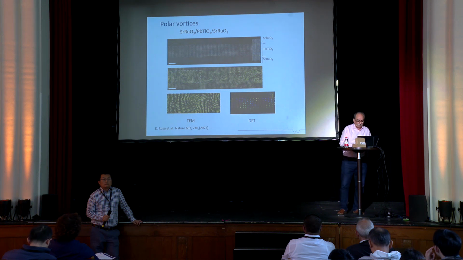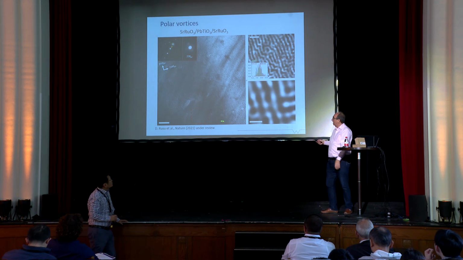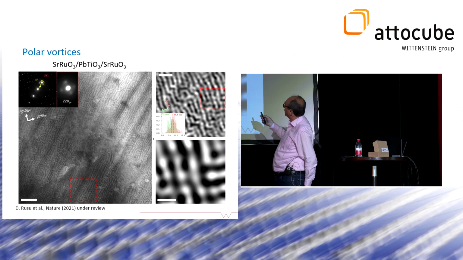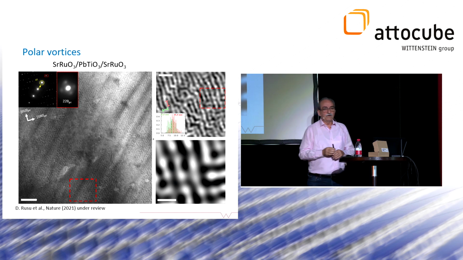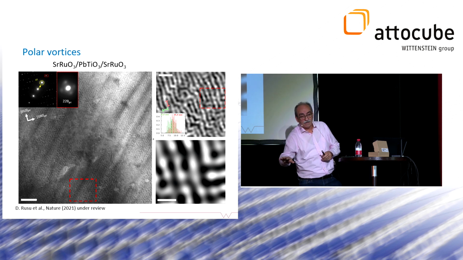But not only that. Dorian came to me with this transmission electron microscopy plane view and showed me exactly that picture, which resembles exactly the domain pattern we've been seeing in strontium ruthenate.